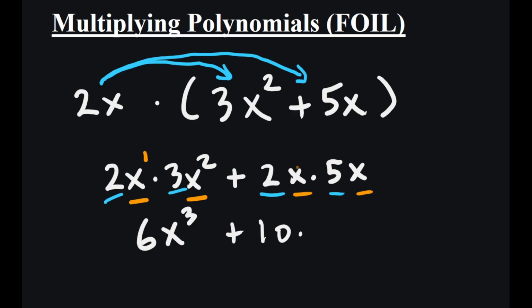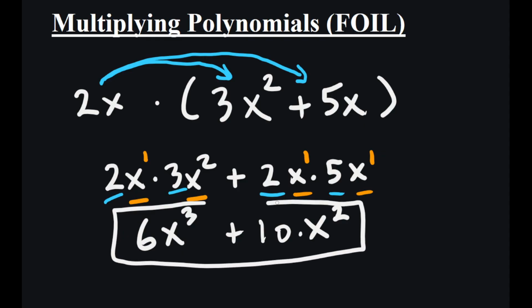And again, using the product rule, x to the first times x to the first is x to the 1 plus 1, which is 2. And that is our final answer, 6x to the third plus 10x squared. So that's how you multiply two polynomials if one of them is a monomial and you're multiplying it with a binomial.